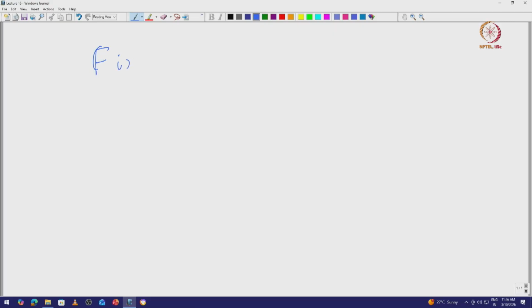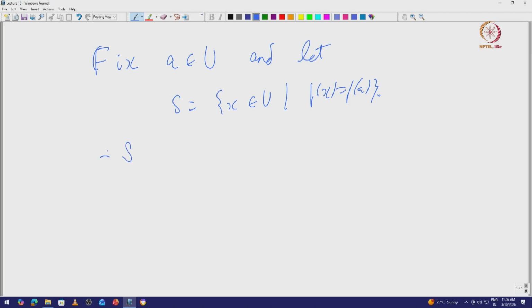So fix A in U and let S be all x in U such that f of x equals f of A. So S is not empty. Why not? Because A is in S. S is closed.